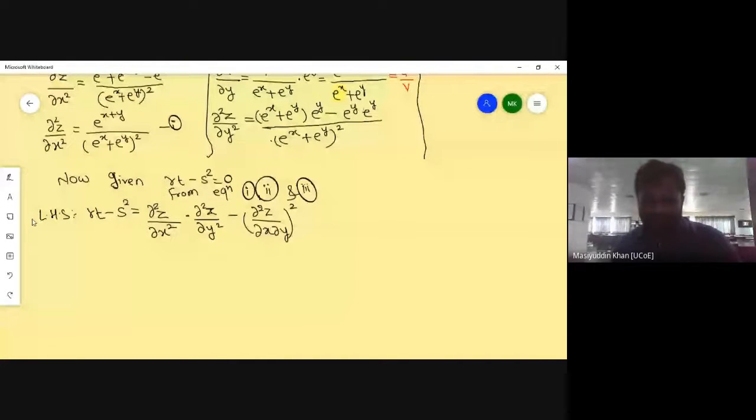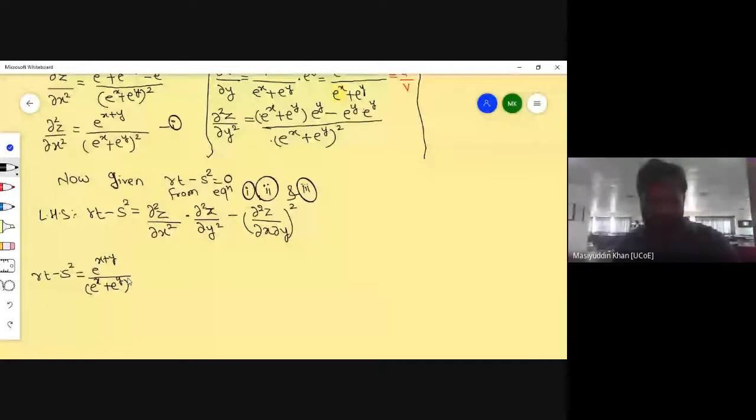So from equation 1, this part RT minus S square is equal to e raised to x plus y upon (e raised to x plus e raised to y) raised to power 2 into e raised to x plus y upon (e raised to x plus e raised to y) raised to power 2.